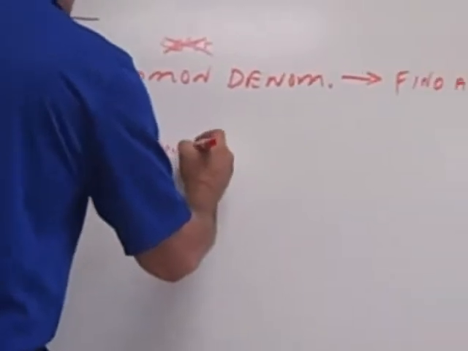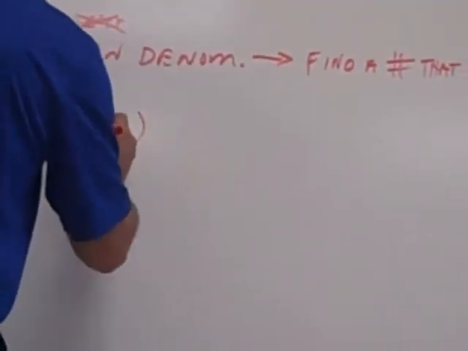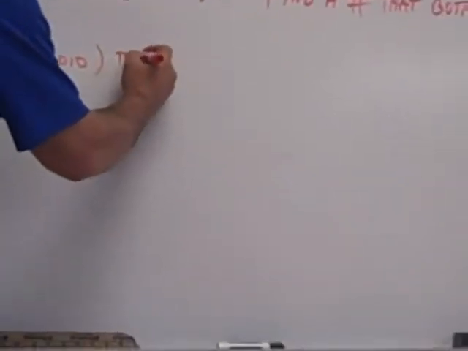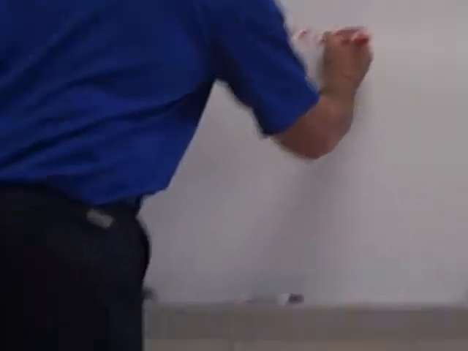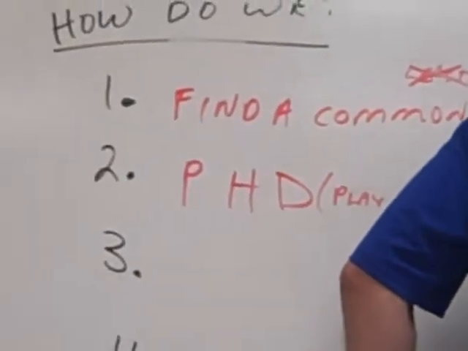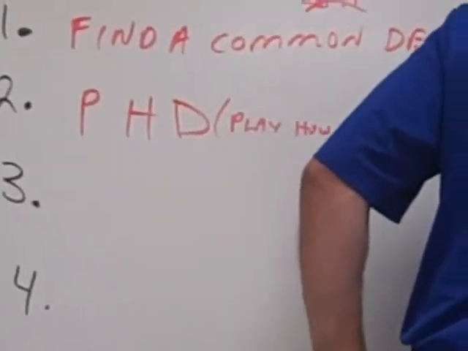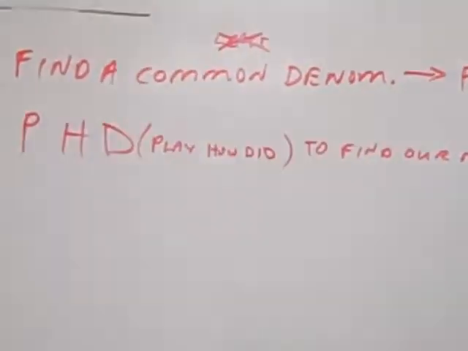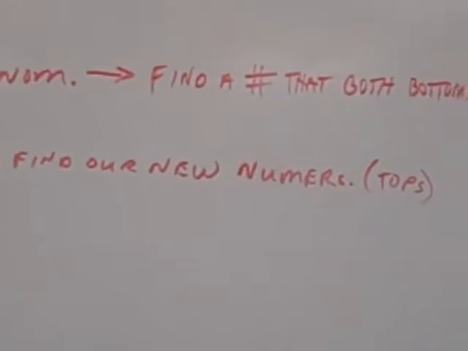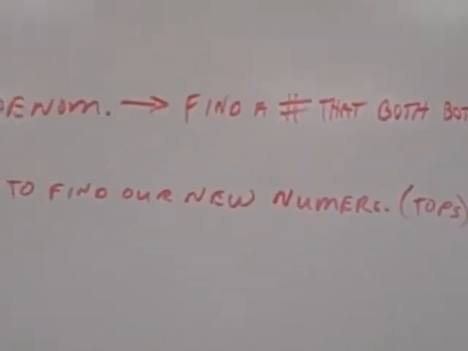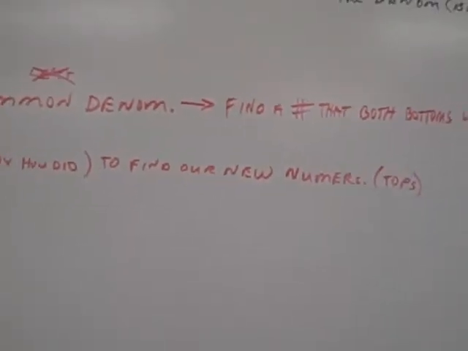Play how did to find our new numers, our new tops. Right? We're going to PhD. We did this way back the first 6 weeks, didn't we? We did that first week. I know, a long time ago.